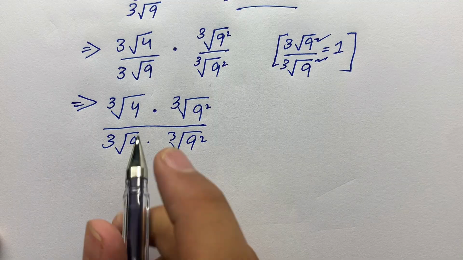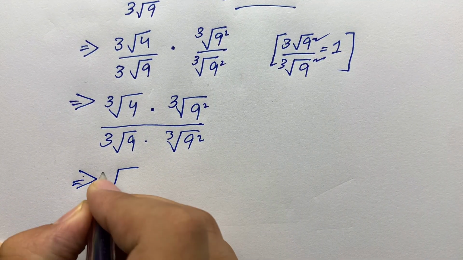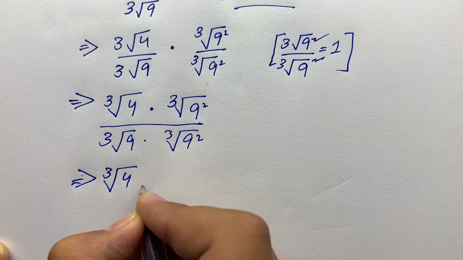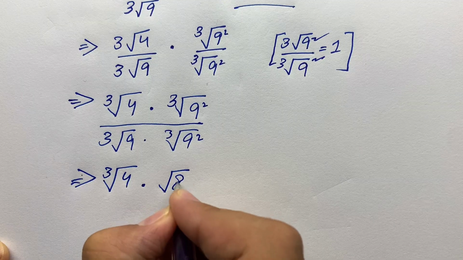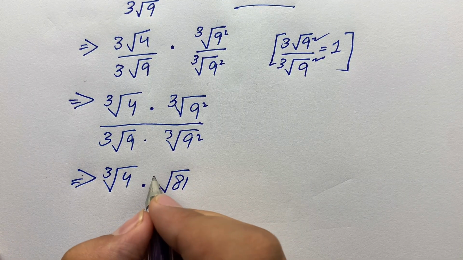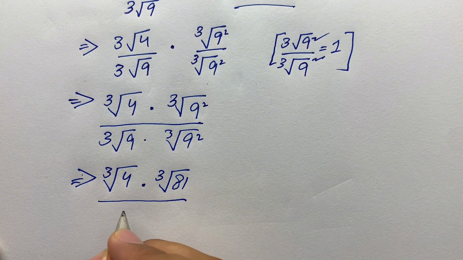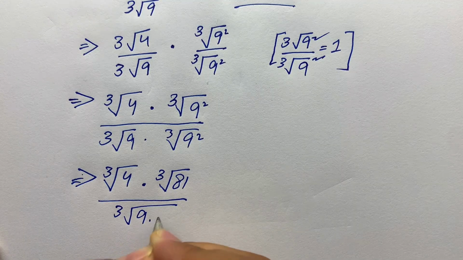Next step, this will be root of 4 into 3 into 9 square, which is 81, and this will be 3 divided by 3 into under root 9 into 9 square.